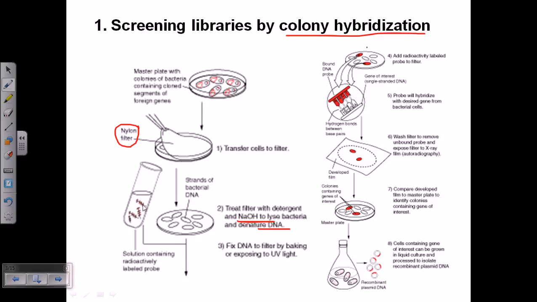Then we add the solution containing the radioactive probe which is destined to bind against our desired DNA. Now these are the radioactive probes here. After adding this radioactive probe, it will bind to the exact desired sequence, which is given here in this white colored region. So this is the desired sequence, and this small red colored radioactive probe will bind to it.